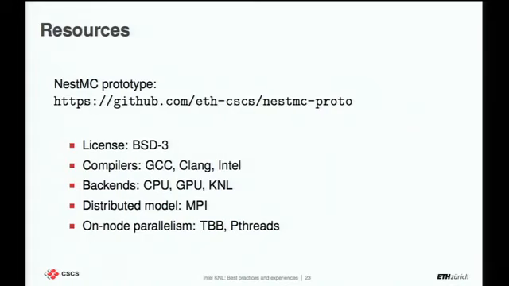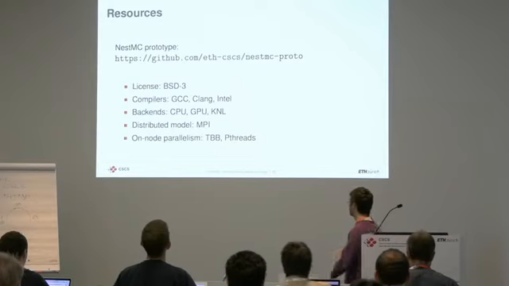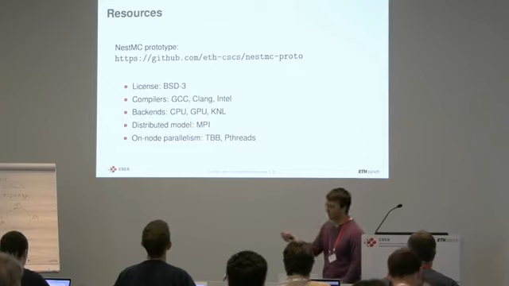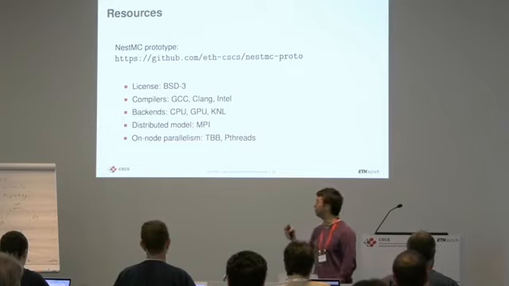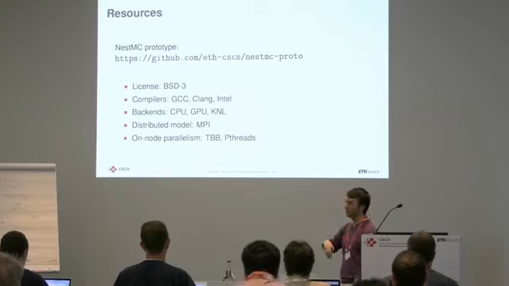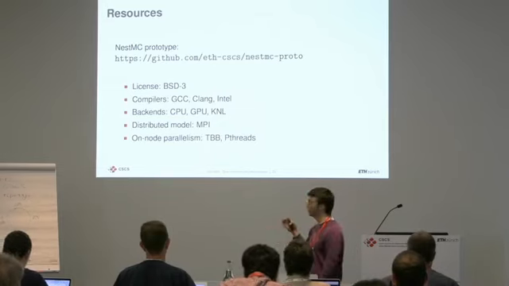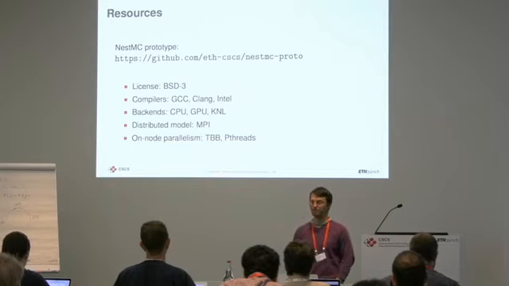However, the KNL backend is only guaranteed to compile with the Intel compiler, unfortunately, right now. We have CPU, GPU (that is, CUDA) backends, and MPI versions, and you can also use different on-node parallelism. Currently, we support Intel TBB or simply pthreads.